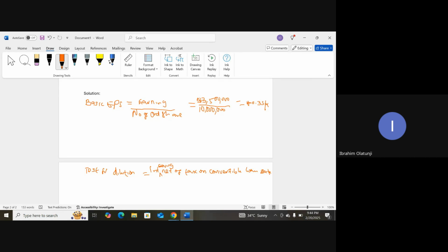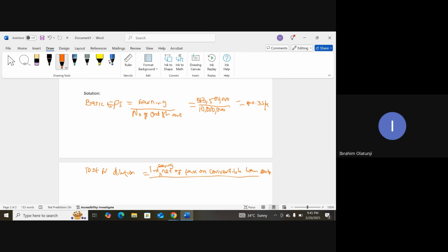So that is how to test for incremental. So convertible loan stock all over.